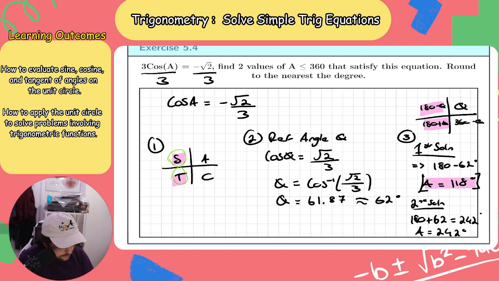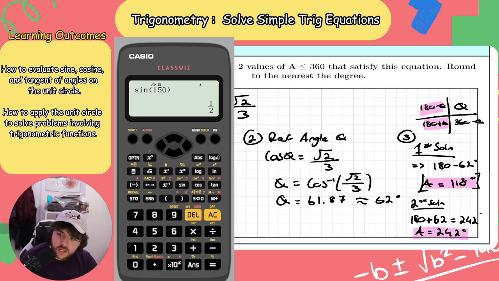Highlight that there. Right, again, let's check our answers on our calculators. Cosine 118. Now, we might get the exact value here. So, I have minus 0.46947. Okay, cool. Let's find what minus root 2 over 3 is.